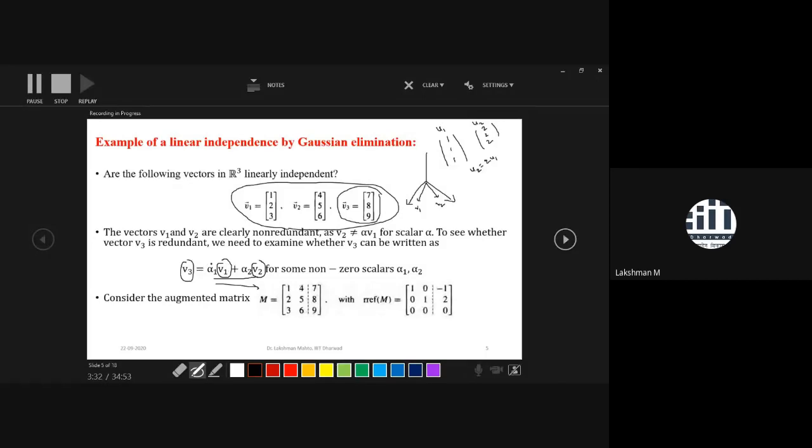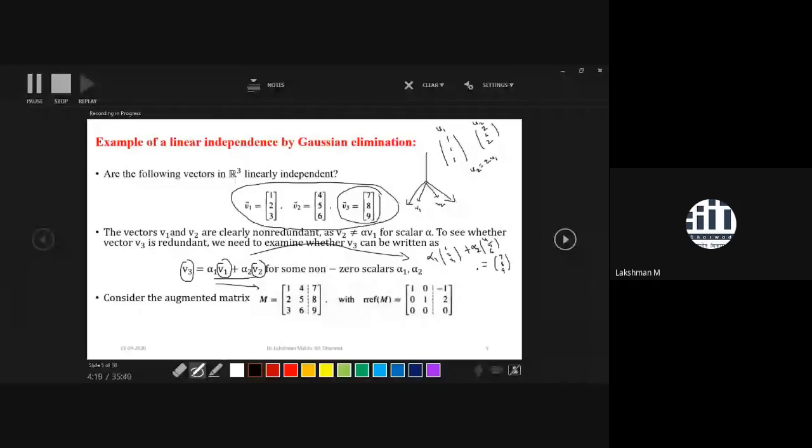Opening up the vectors, alpha 1 times 1, 2, 3 plus alpha 2 times V2, which is 4, 5, 6, equal to V3. What is V3? 7, 8, 9.